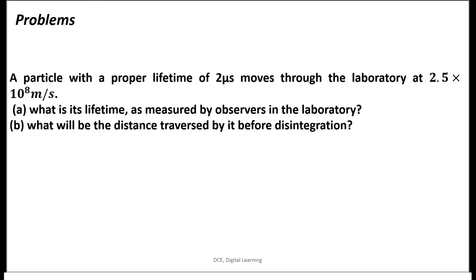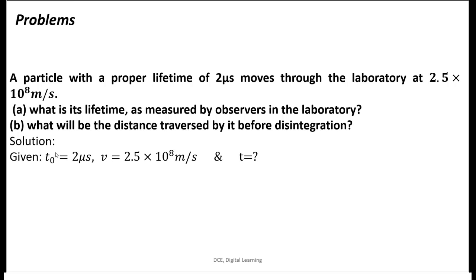Next problem: a particle with a proper lifetime of 2 microseconds moves through the laboratory at 2.5 into 10 to the power of plus 8 meter per second. Find A, its lifetime as measured by the observer in the laboratory, and B, the distance traversed before disintegration.